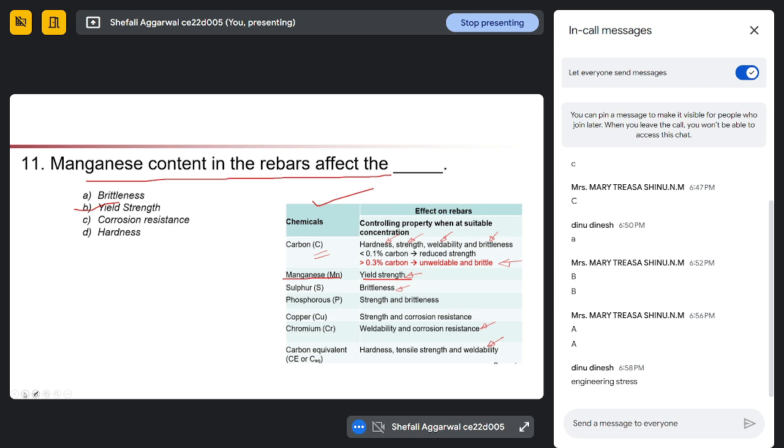Any idea? Generally, if you are adding manganese to your steel or iron, it increases your yield strength. It usually increases the yield strength.